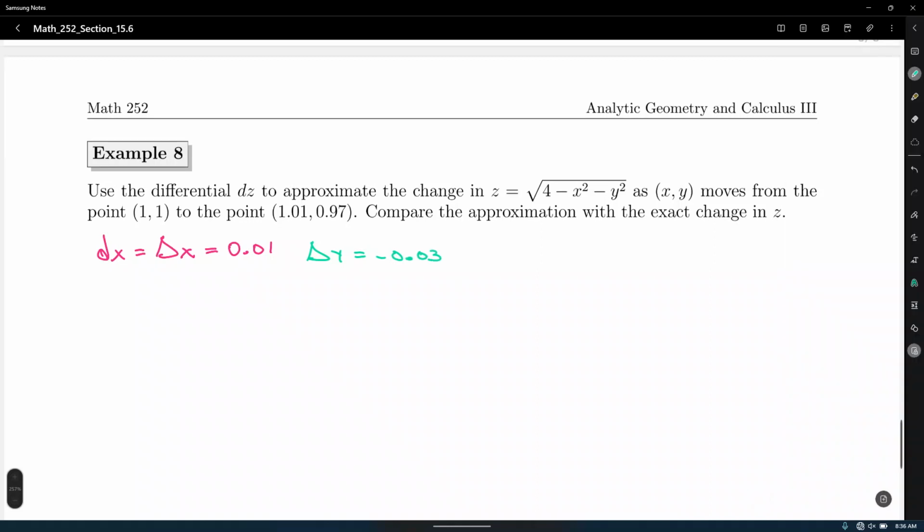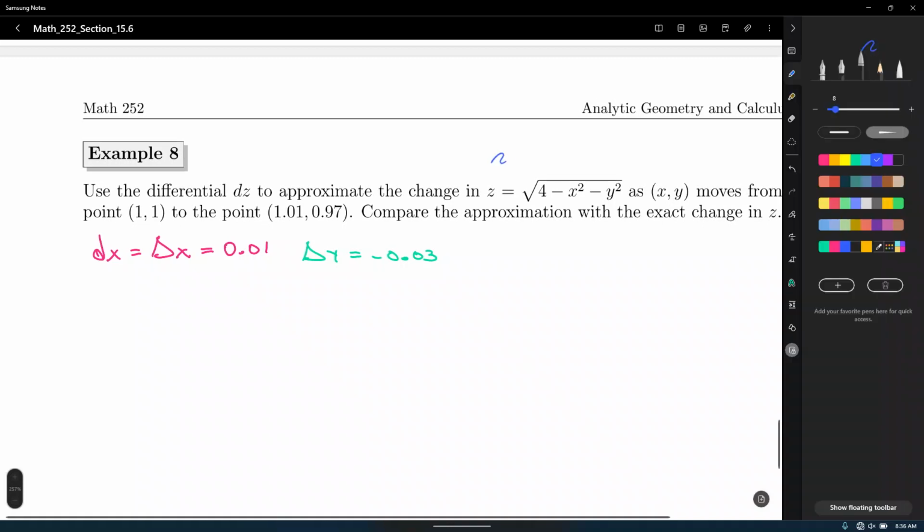All right. Now it's time to get the partial derivatives. But first of all, let's write the function in a more convenient way: 4 minus x squared minus y squared, to the 1/2. So we can easily use the chain rule. Okay?